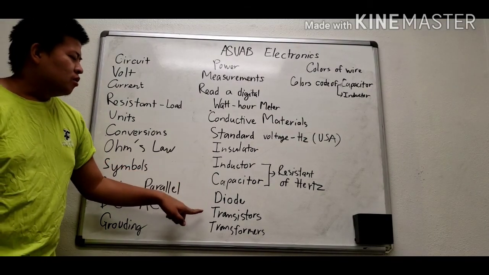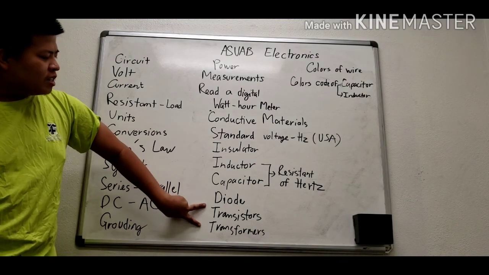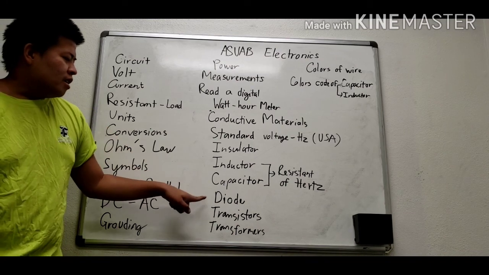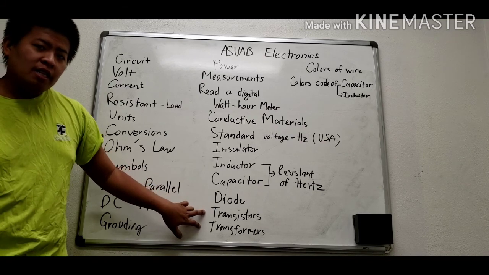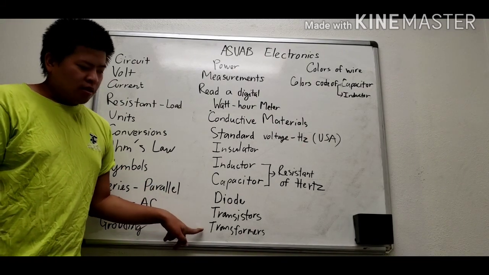Diode, transistors, transformer. For transistor and transformer, I will show you the difference and what the transistor and transformer are too. This will be on the test and we need to learn how to do the transformer.